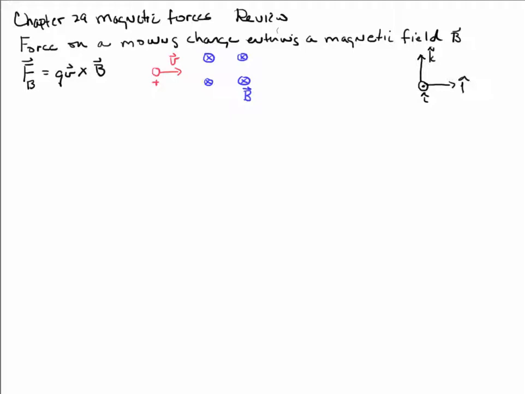On the right, I show a coordinate system where k, the z direction, is going up, j, the y direction, is to the right, and the positive x direction, i hat, is out of the paper. Now, what is the direction of the force? Once again, pause the video and try to work out the direction of the force either by using the right-hand rule or by using vector analysis.